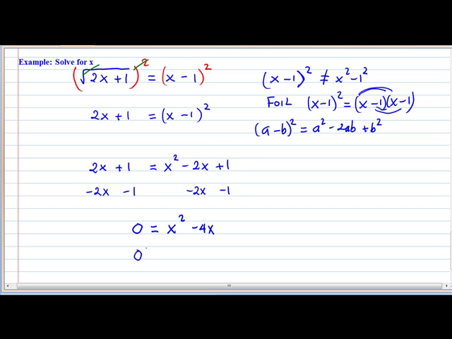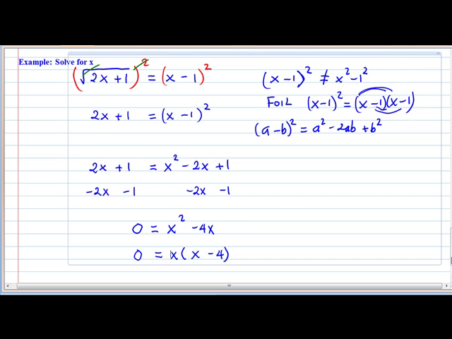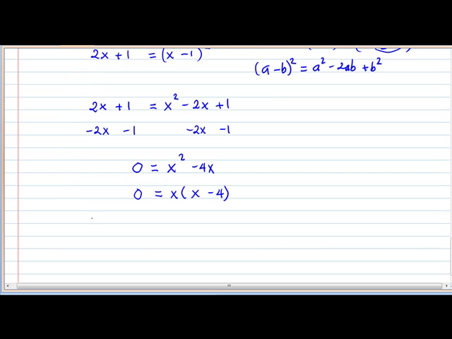I see that I can solve this by factoring out the x, like so. So I have x times (x minus 4) equal to 0. Remember I have one thing times another thing, so I can set x equal to 0, or x minus 4 equal to 0. Here I have x equal to 4, and this is the answer.